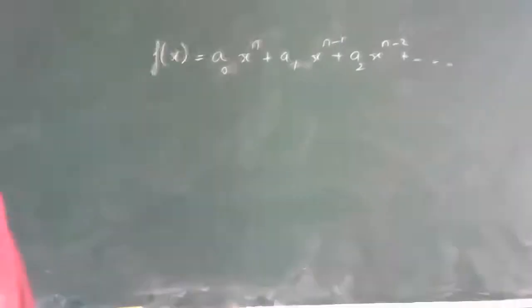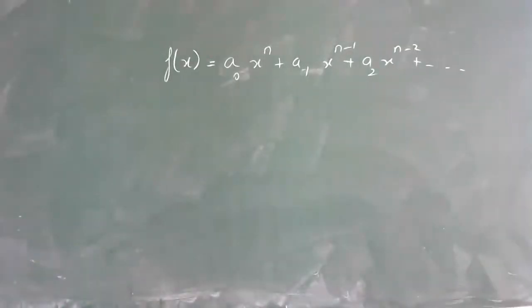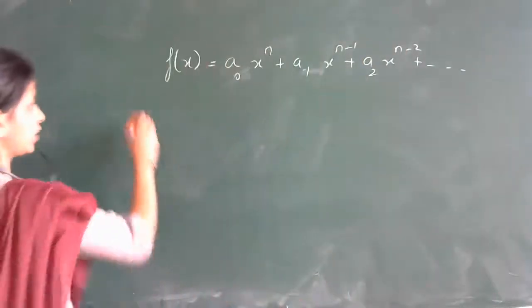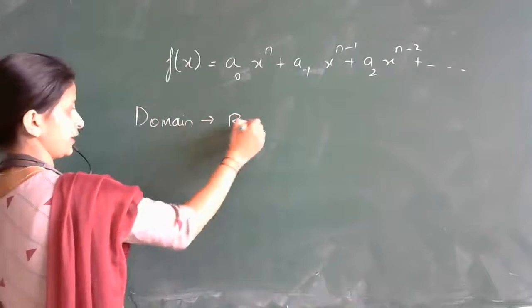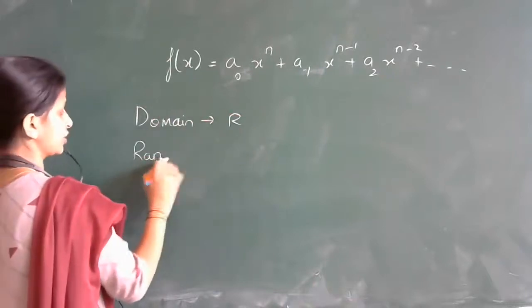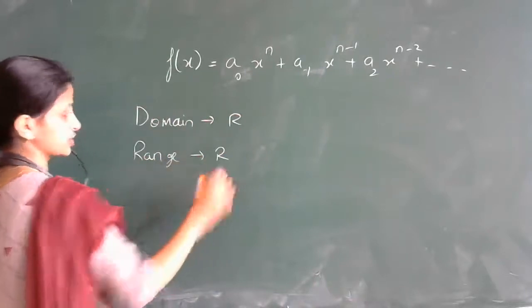So it is a polynomial, right? It is nothing but a polynomial. So any function which will be of the form of a polynomial is nothing but polynomial function. And always in polynomial function, domain is what domain? It is set of real numbers and range is also set of real numbers in polynomial function.